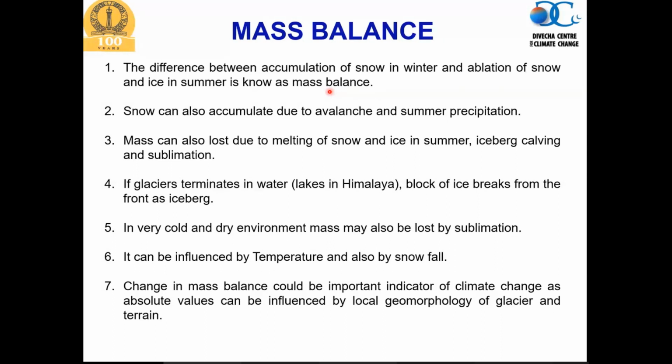In addition to that, if we are on a glacier, there could be accumulation due to avalanches and summer precipitation. We just talked about summer precipitation, and some glaciers in eastern Himalaya with predominantly summer precipitation are influenced very differently.